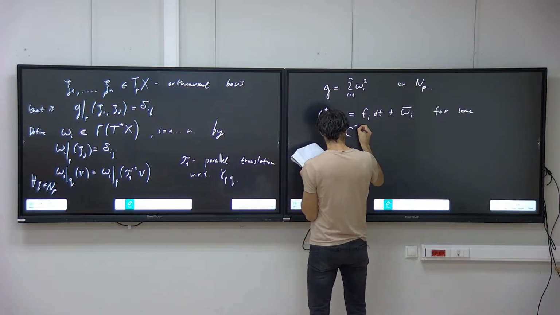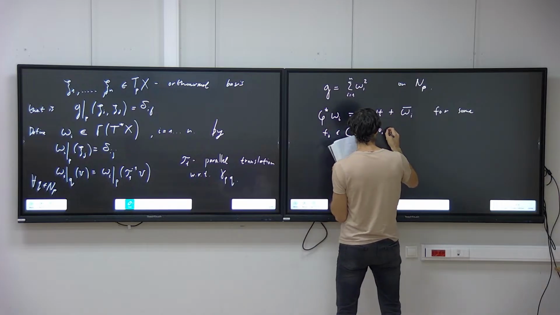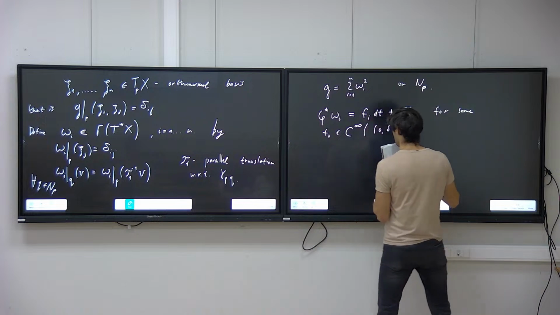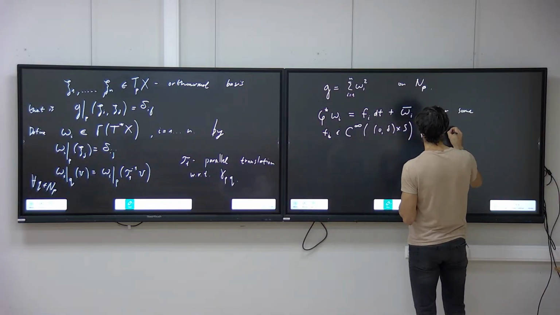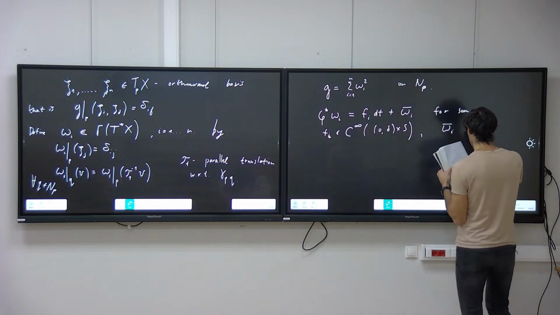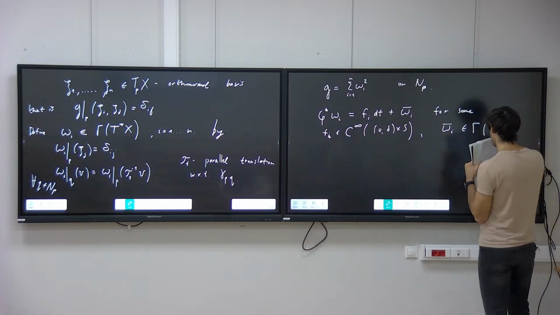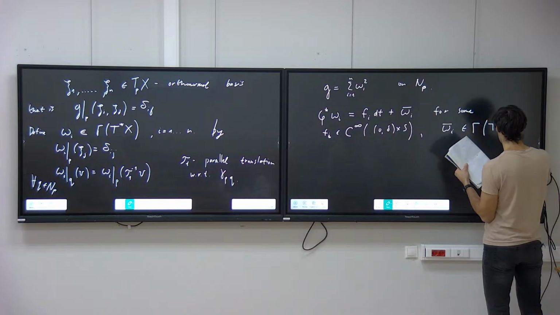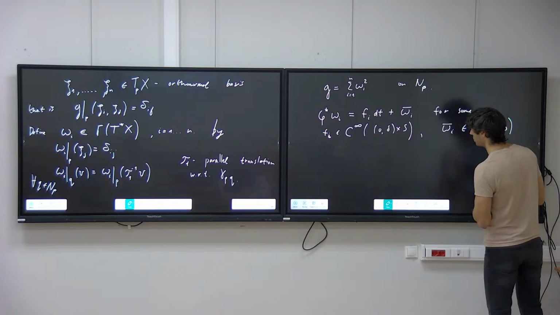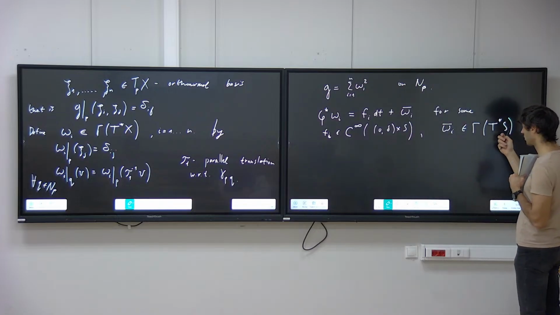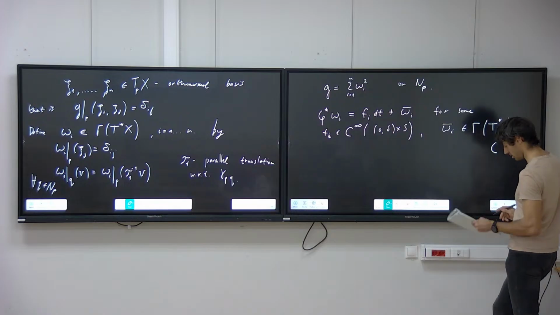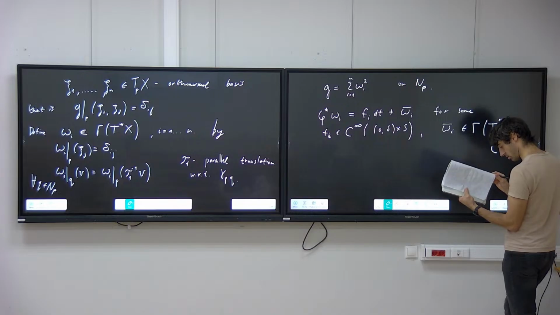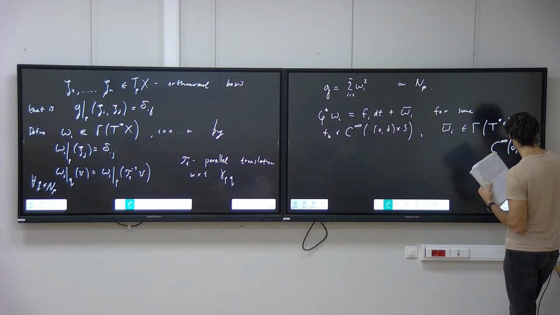This is a smooth function on (0, delta) times S, and omega_i bar is a smooth section of T star S, but it also depends on a point t, so I should say on (0, delta) times S.